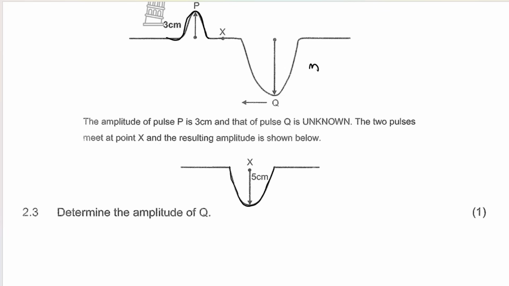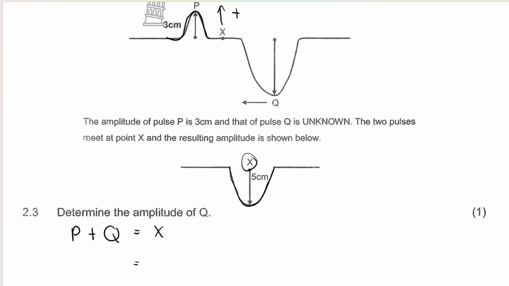Now, if that doesn't make sense to you, how can you figure that out otherwise? Well, we've got P plus Q, and that gives me position X. Now, because P is going up and Q is going down, I need to choose one of my directions as a positive direction. I'm going to choose up as a positive direction.